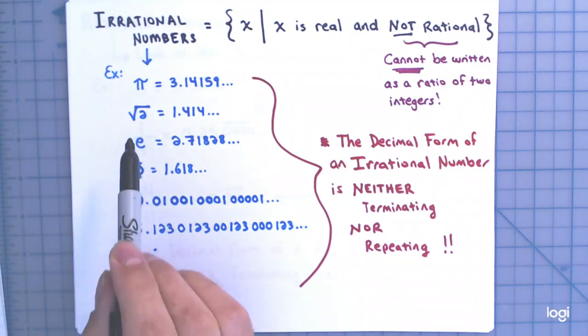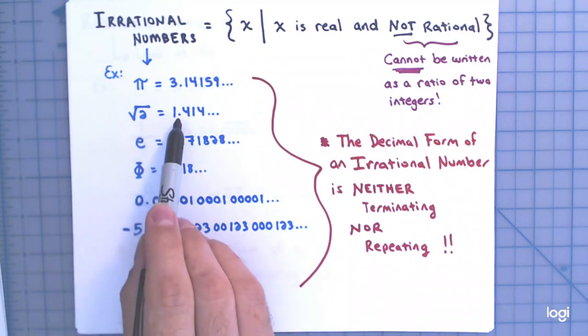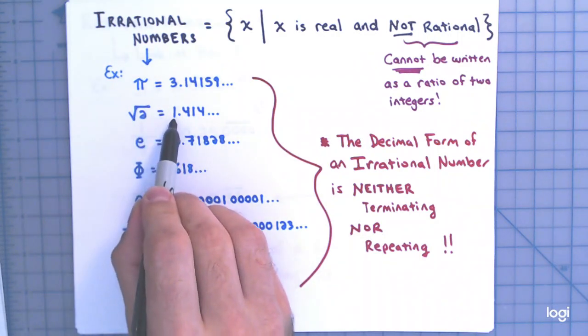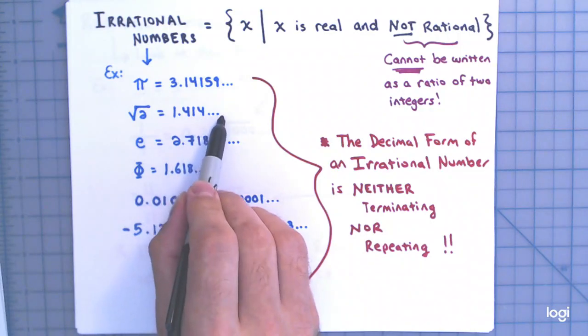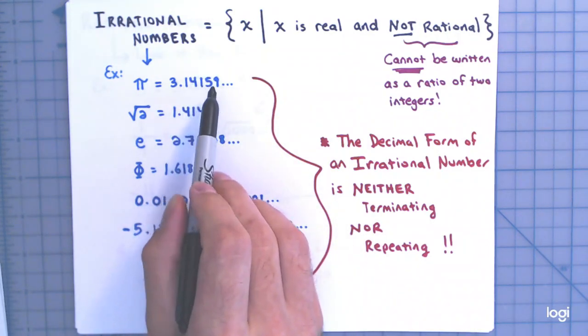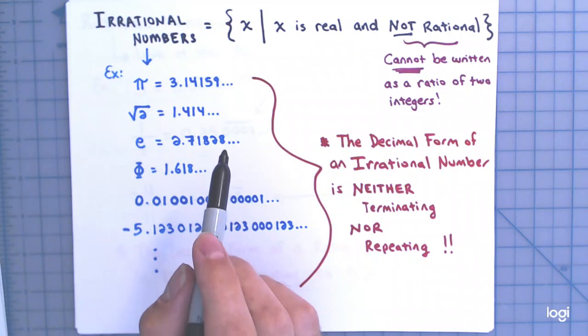So this square root of 2, right, 2 is not a nice perfect square, so the result is irrational, and in decimal form, the square root of 2 is 1.414. Notice I haven't written any bars here. I'm not talking about any repeating patterns, because you'll see in a second there aren't any.